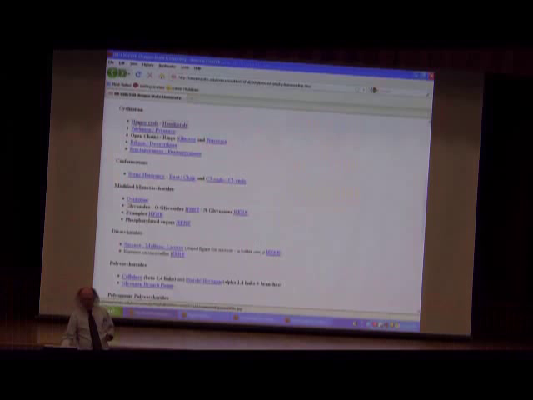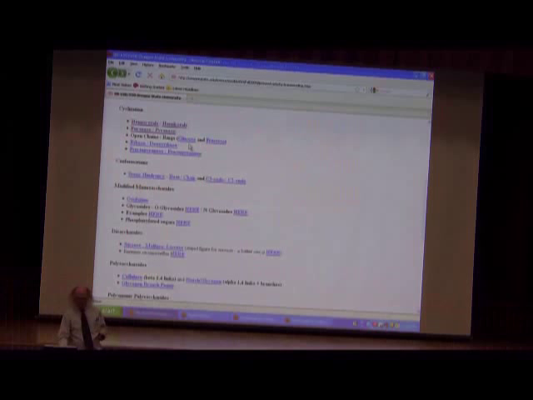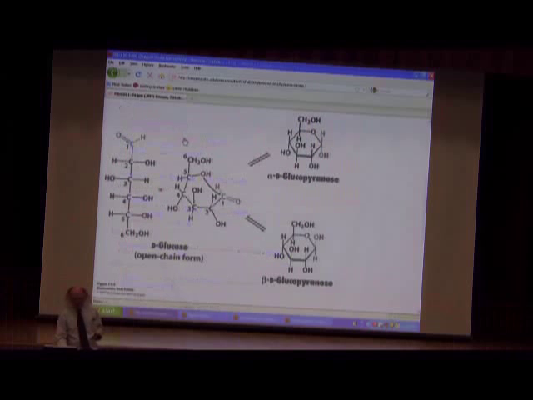If we look at the structures that are involved in these, we discover that the cyclization occurs as follows. Here's the linear form of glucose. And I think of glucose as right, left, right, right. That's the way I memorized it when I was taking biochemistry for the first time. Right, left, right, right in the open chain. This hydroxyl group right here is actually attracted to this carbon right here.